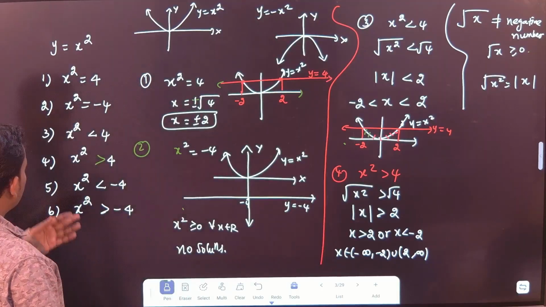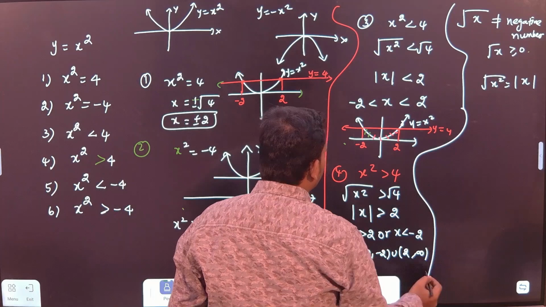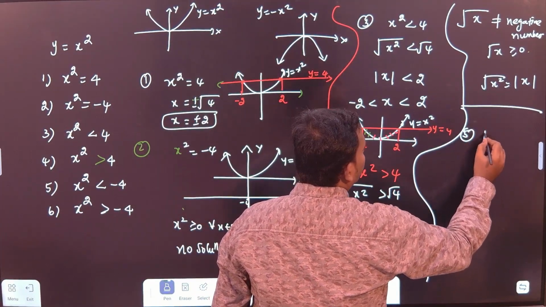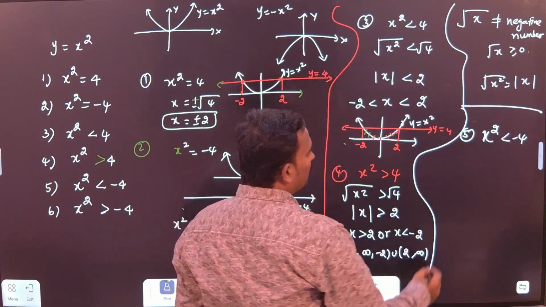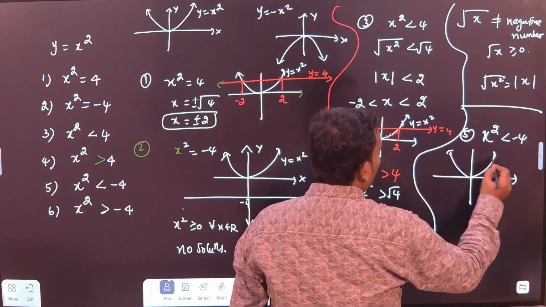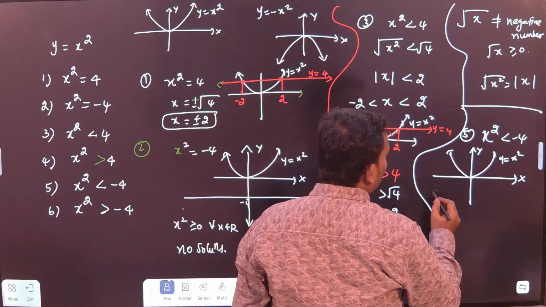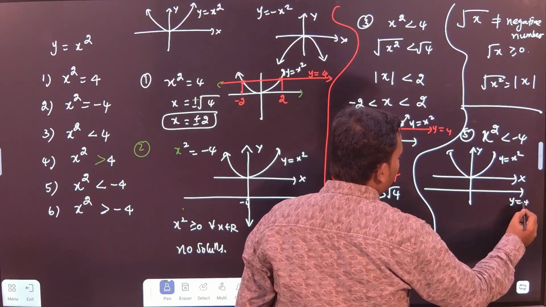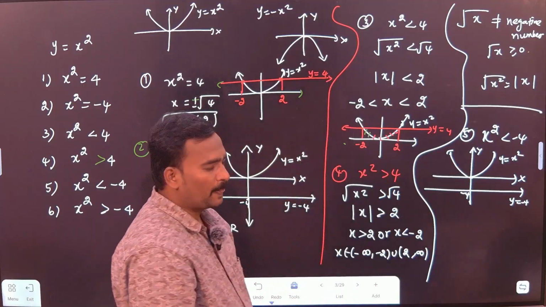Okay. The next one, the fifth one, is x square is less than minus 4. You can see this is your x square graph, y is equal to x square, the x-axis, the y-axis, and y is equal to minus 4 you can take here. This is minus 4. Understand?